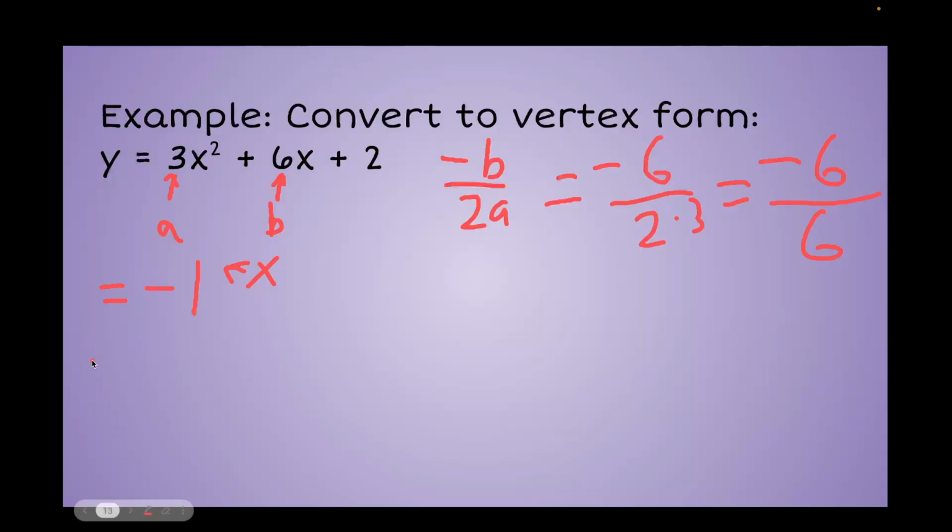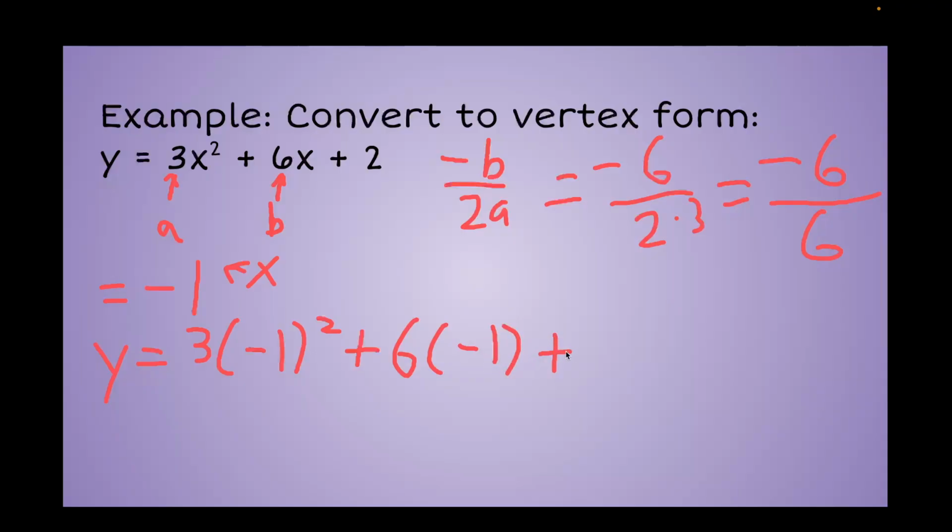And then to find our y, you have to plug it back in. Oh my god, my hand is gonna explode. Okay, so yeah, we're plugging the x back in to find our y coordinate.